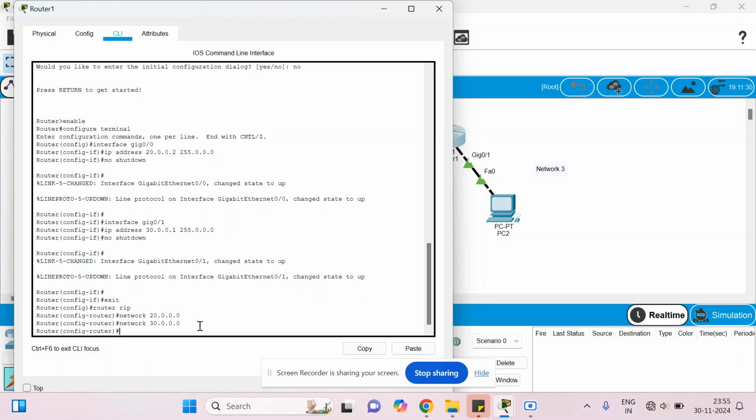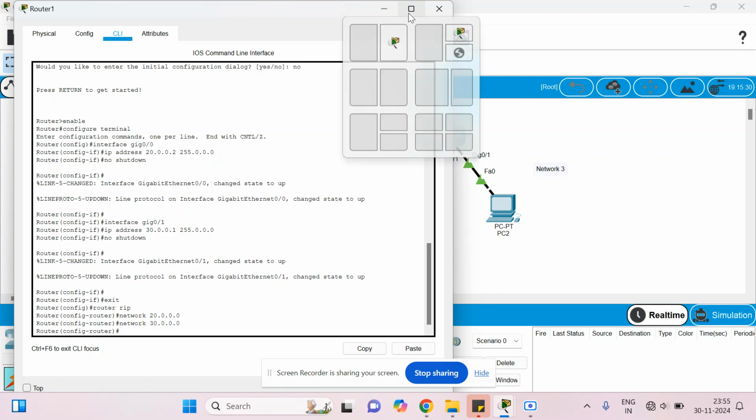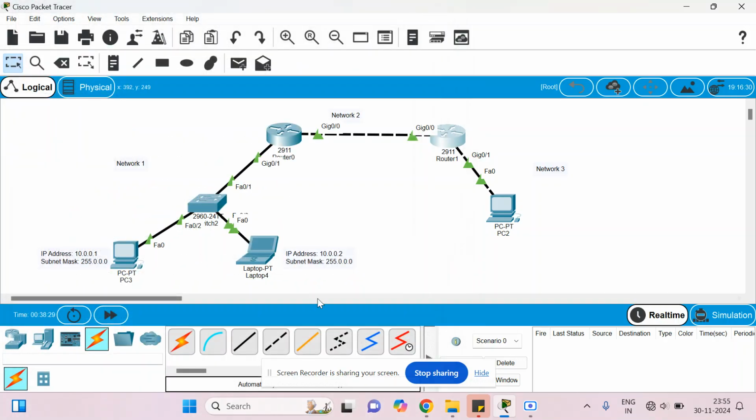Do not type network 10.0.0.0 here, because the 10 network is not directly connected to router 2. And similarly for router 1, do not write network 30.0.0.0, because the 30 network is not directly connected to router 1. We only have to write those networks which are directly connected to the routers. Okay, so this is done.